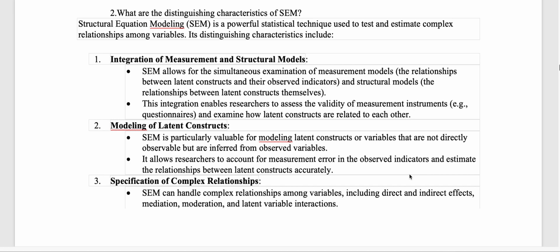This integration enables researchers to assess the validity of measurement instruments, for example a questionnaire, and examine how latent constructs are related to each other.